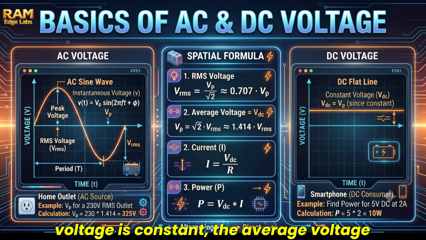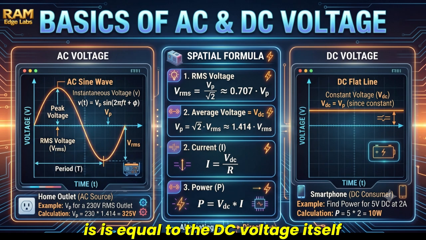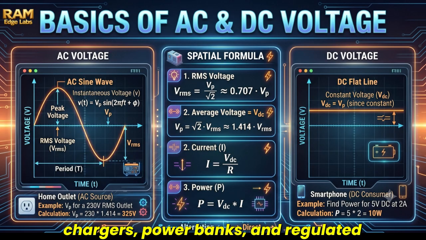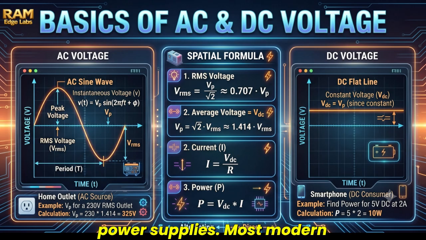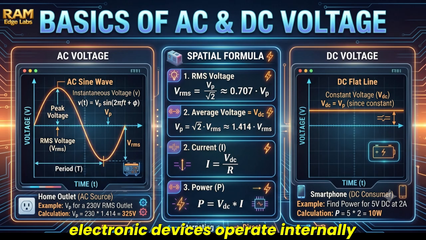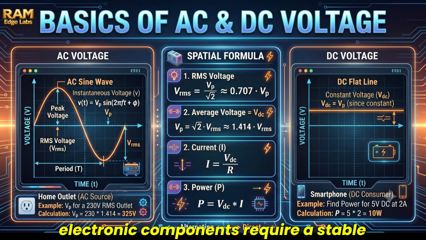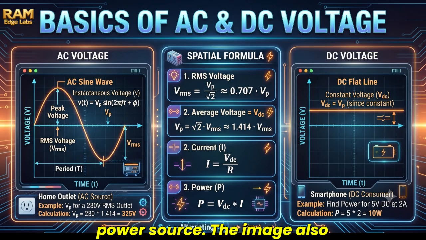Since the voltage is constant, the average voltage is equal to the DC voltage itself. DC voltage is produced by batteries, solar panels, USB chargers, power banks, and regulated power supplies. Most modern electronic devices operate internally using DC voltage because sensitive electronic components require a stable power source.